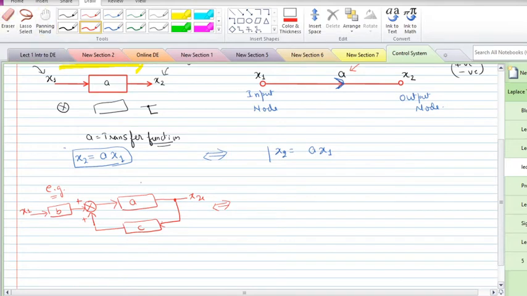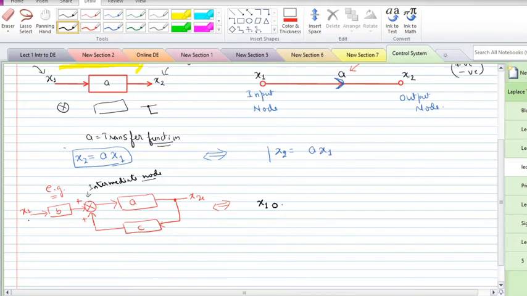Then we have to replace each path or each block with its transfer function written on it like this. From x1 to this node, this becomes an intermediate node. So we have to start with x1 here.